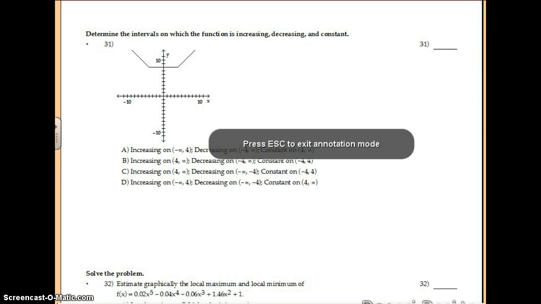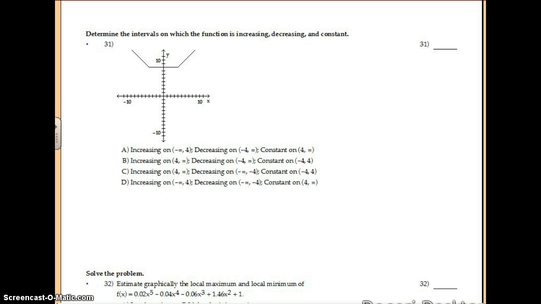All right, number 30, determine the intervals on which the function is increasing, decreasing, and constant. We're just going to follow along our graph, left to right. So here, it's obviously decreasing to, it looks like, -4.